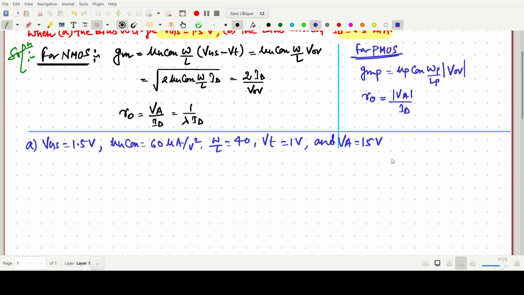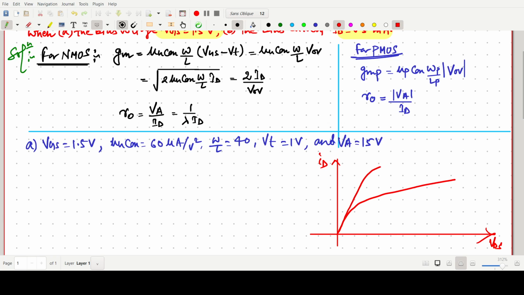For brevity, I just want to show you what VA is. If we draw the ID, the drain current, versus VDS curve, our curve will be like this for different VGS minus VT. Suppose this one is for 1 volt, and this one, VGS minus VT, is for 2 volt or 1.5 volt, or like that.